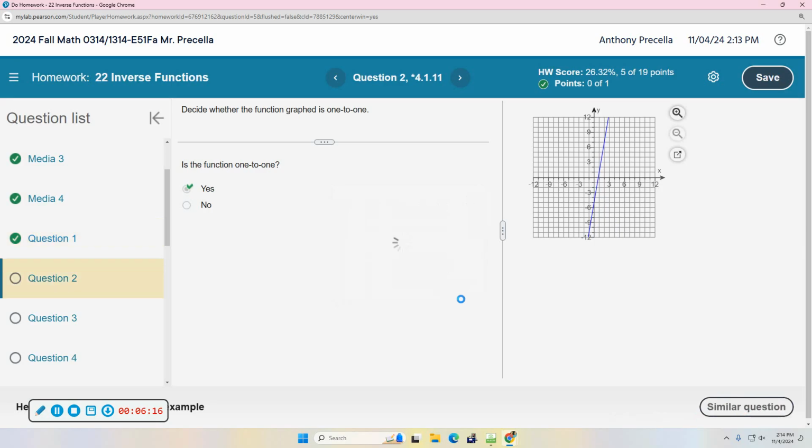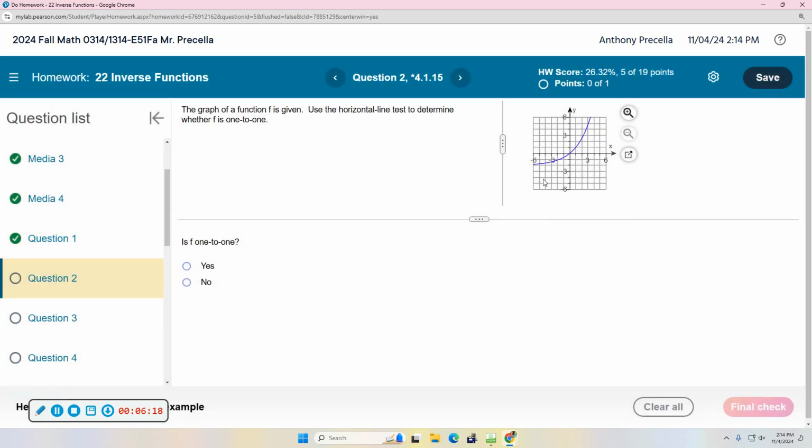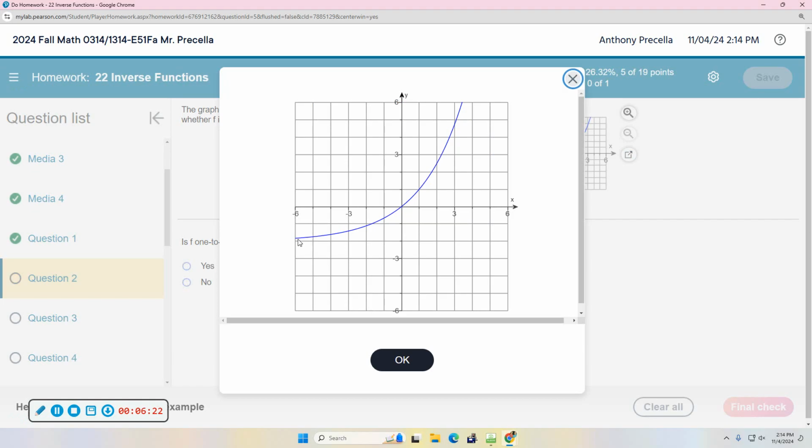What about this one? I remember I had a class that was insistent, oh, it's about to turn around and start going back here. No, that's not what's happening. If it were going to turn around and start going back, it would have shown that. What it's doing is decreasing.